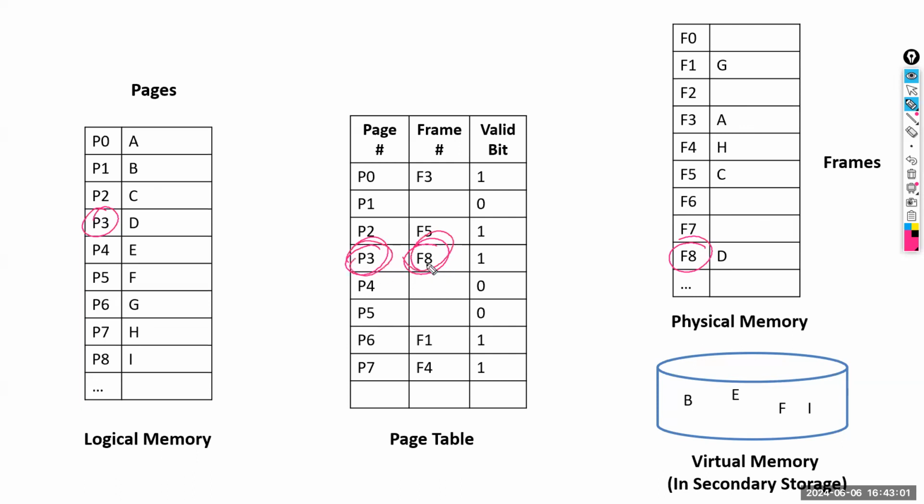Page number and frame number can be different, but the offset is going to be the same within that page or frame, because ultimately you are referring to a particular memory address. You are not in general referring to a page or frame.